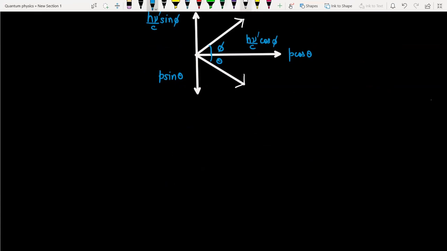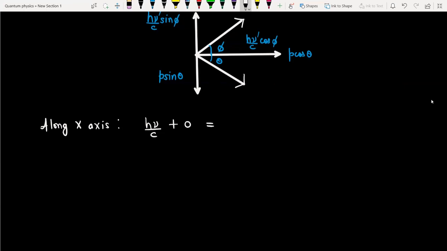So the conservation of linear momentum along the x-axis will be: h mu by c, the linear momentum of the incoming photon, plus 0, because the linear momentum of the electron is 0, since initially it is at rest. This is the momentum along the x-axis before collision.